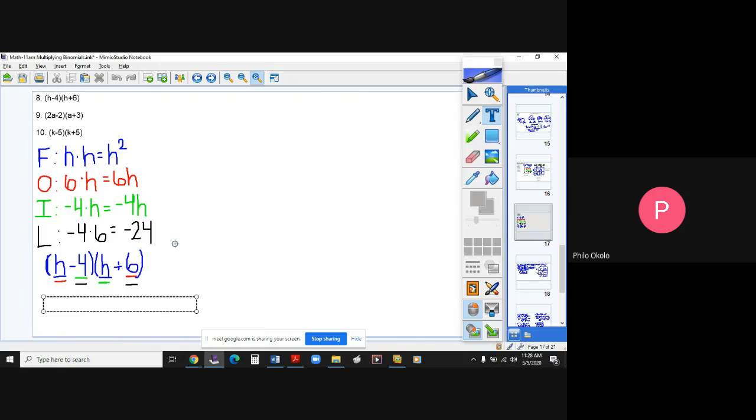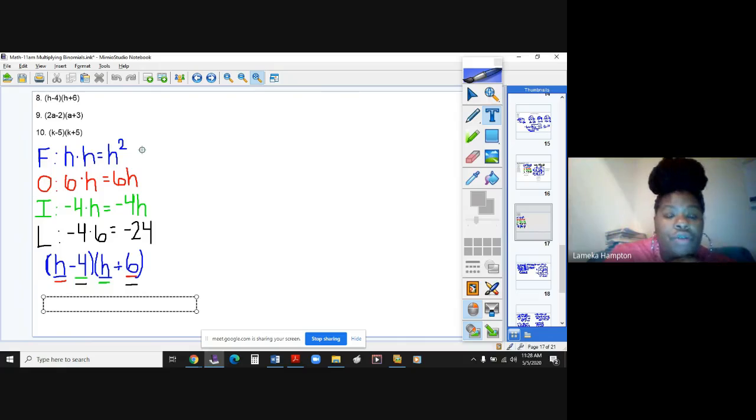In the question proper, I'm seeing addition, h plus 6, and in the brought down, I'm seeing h divide 6. Okay, so when you're dealing with FOIL, you're just simply multiplying. You're multiplying like terms and unlike terms. You're not dividing anything. All you're doing is simply multiplying.